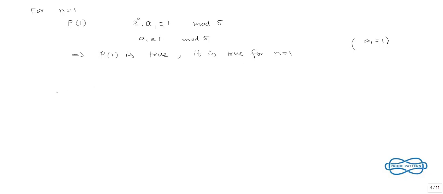Now we move further. Okay, suppose Pn, which is 2^(n-1) a_n is congruent to n mod 5, is true for all n equal to 1, 2, and so on up to k.